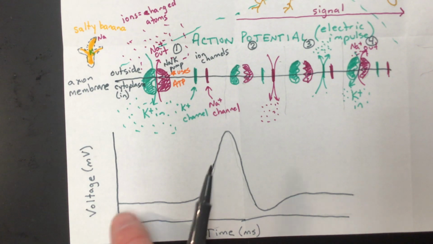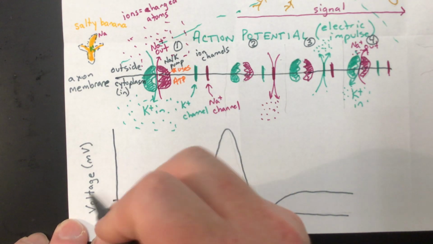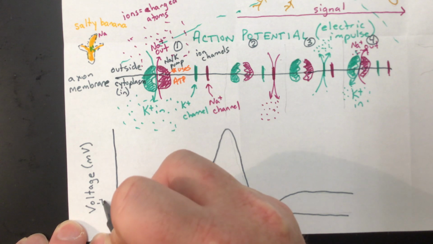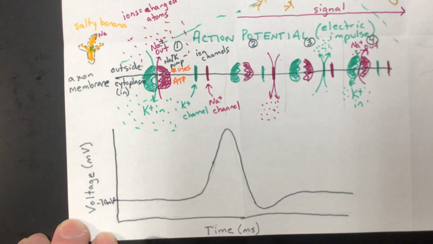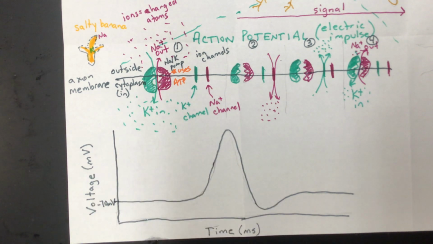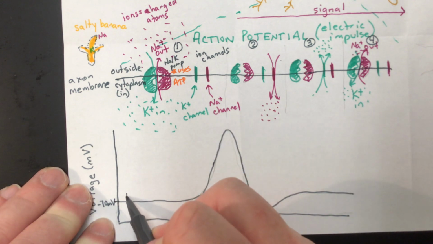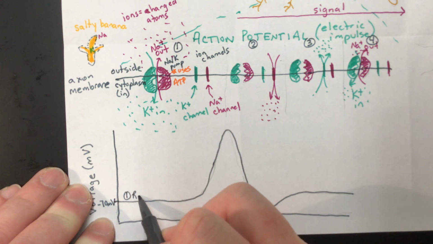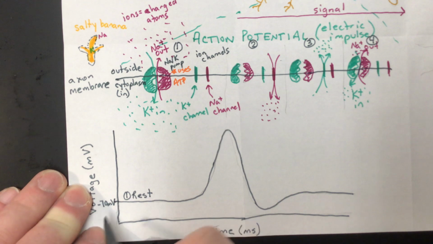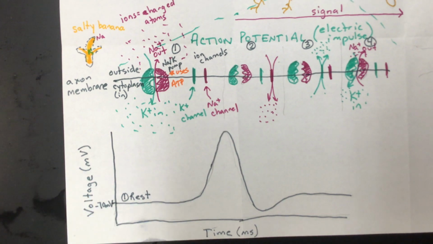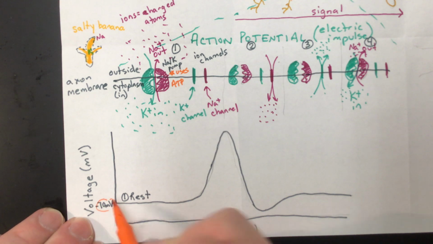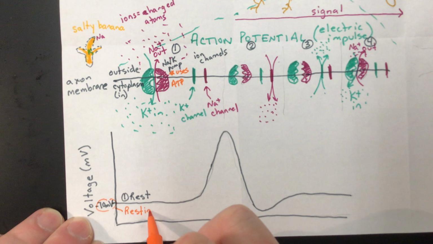Now, one important number for us to remember is this one right here. And this is minus 70 millivolts. And during stage 1, when the sodium-potassium pump is working really hard, your neuron is at rest, and minus 70 millivolts is called our resting membrane potential.